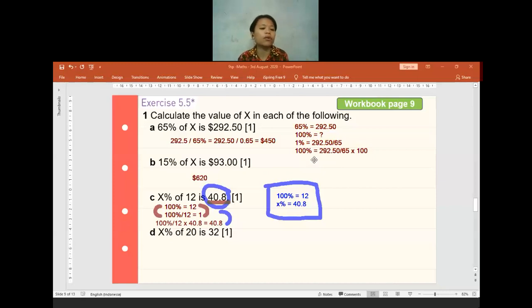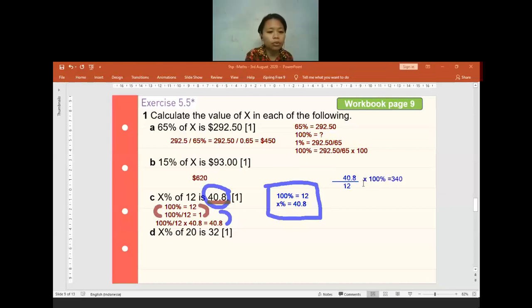Or if you get confused, we can do 40.8 divided by 12 and then multiply it by 100%. Something like this is also okay. Which one is easier for you, you can pick. So how much will it be? 340%.